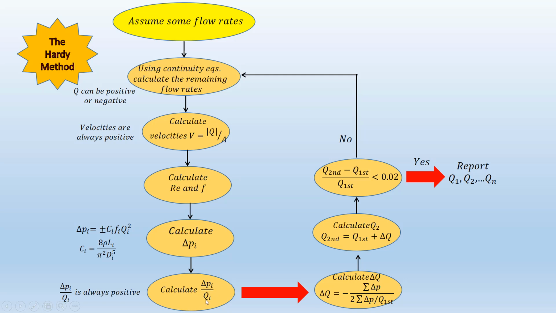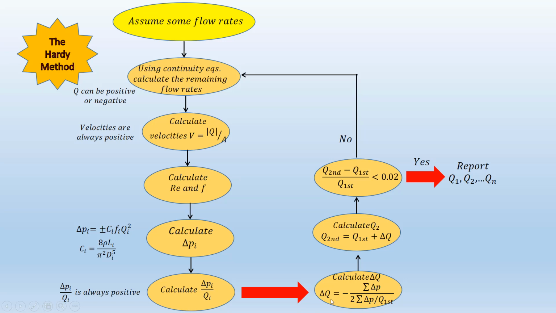Keep in your mind that this term is always positive because delta p pressure drop and q have the same sign. Both of them are either positive or negative. So this term is always positive. Then you need to calculate the delta q.